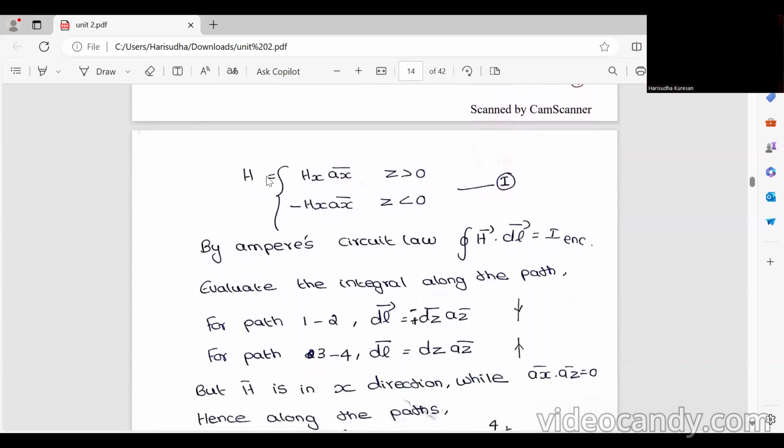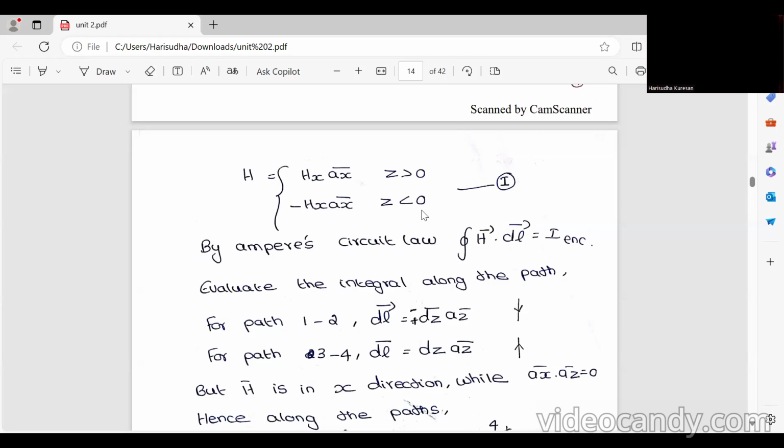So we can write H is equal to Hx Ax unit vector where Z is greater than 0 and minus Hx Ax unit vector where Z is less than 0. So in other words, the resultant differential magnetic field intensity has only an X component.